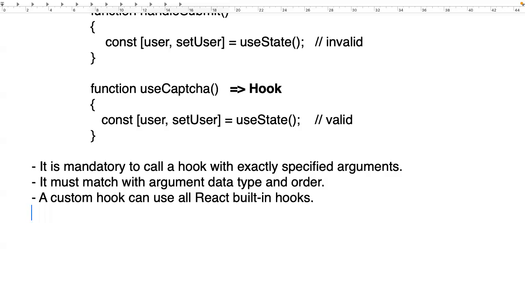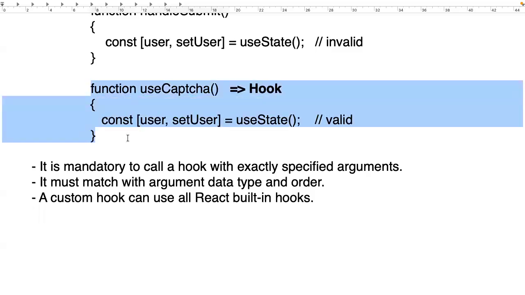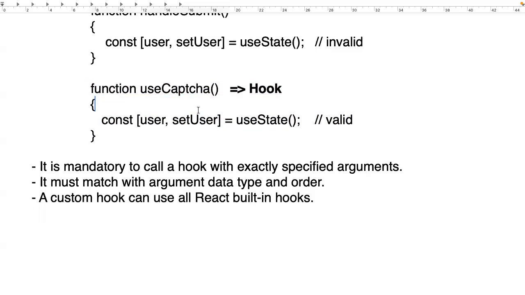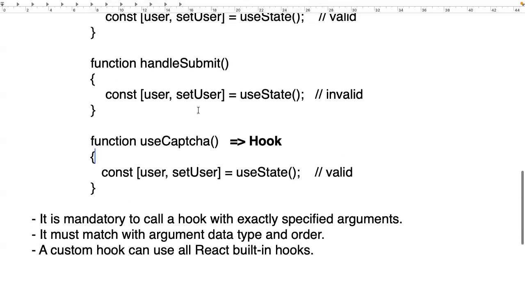In a hook, if you want to design a form, you can use Formik in it. So you can use useState. In a hook, you can use hooks. But in other normal functions, you cannot use the hooks, right? So these are all the important basic points.